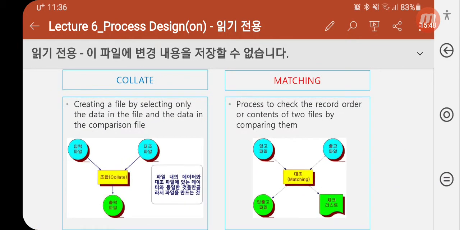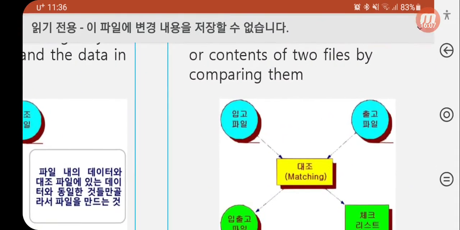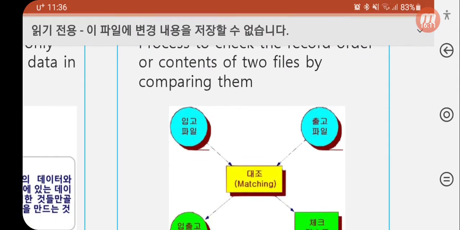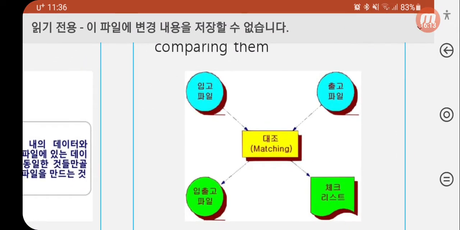Matching. Matching is a process to check the record order and contents of two files by comparing them. Input file, output file, and matching, and input output file, and checklist.